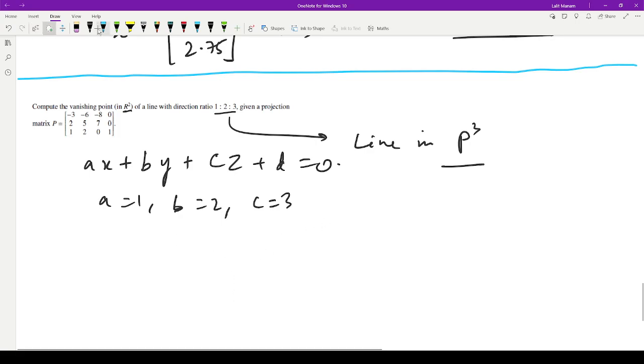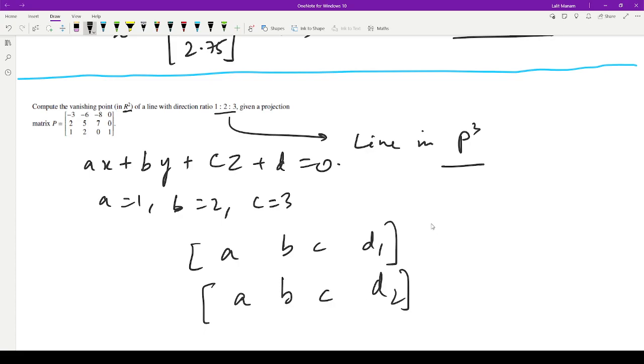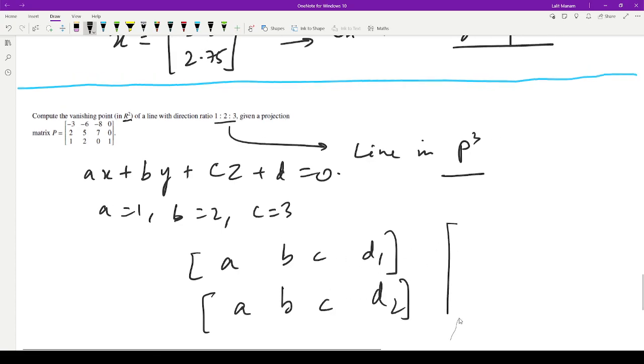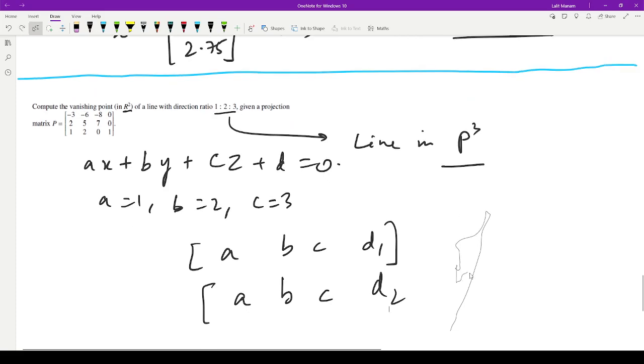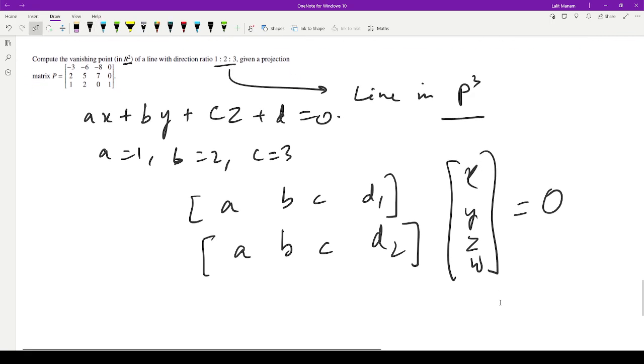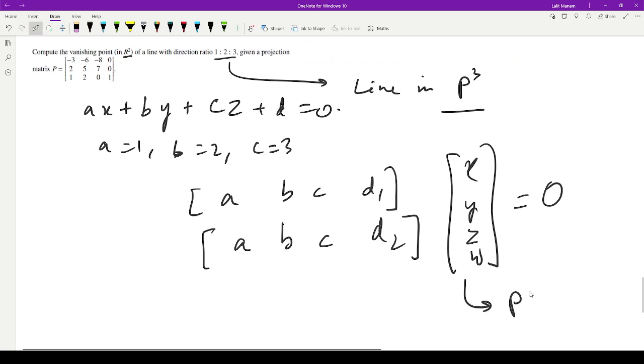So for the 3D case, if I give (a, b, c, d1) and (a, b, c, d2), both should be satisfied by X, Y, Z, W, which is a point in P3.